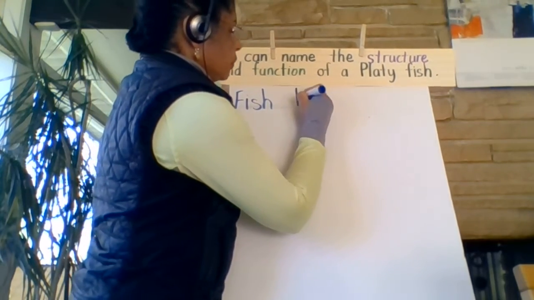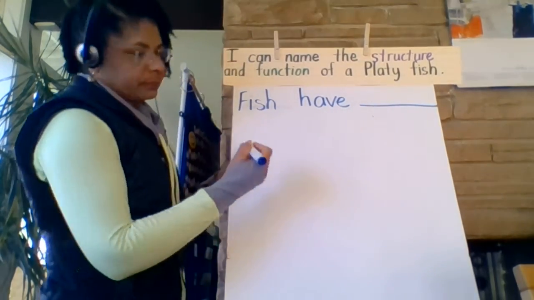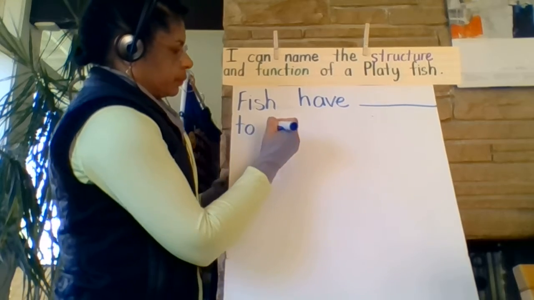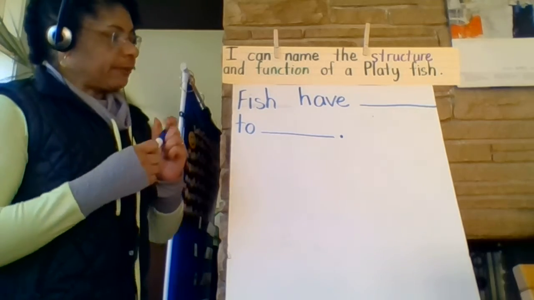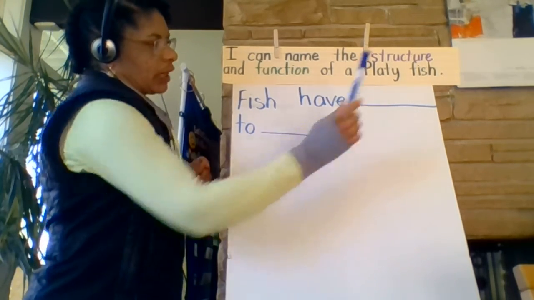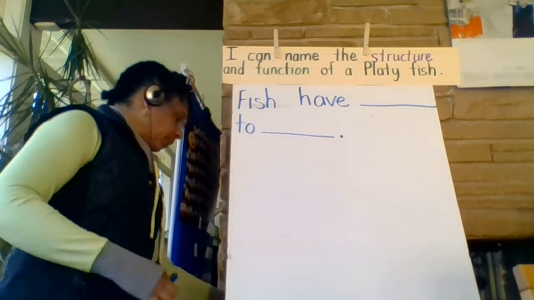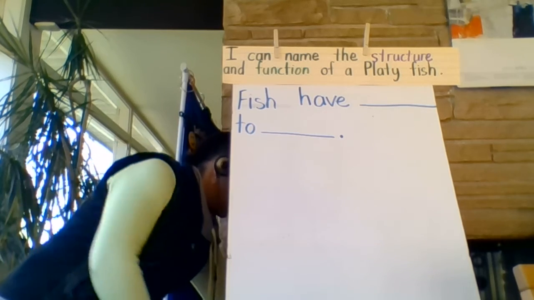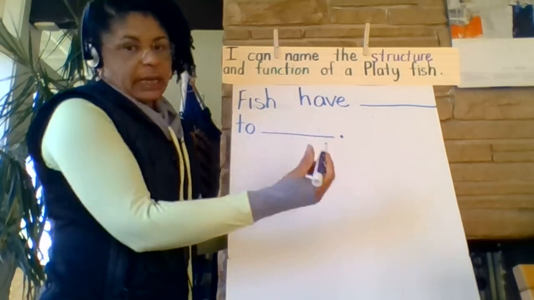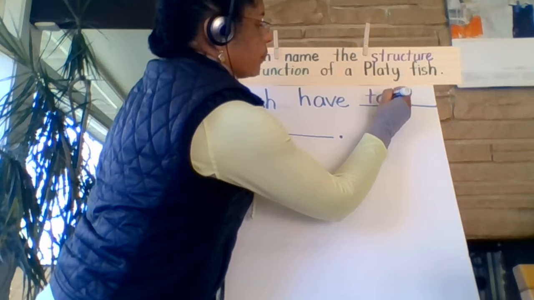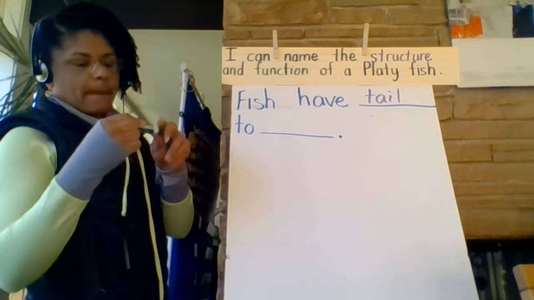Fish have blank to blank. So if I think about the structure and I think about the function, then my sentence will be complete. For example, fish have tail to move.